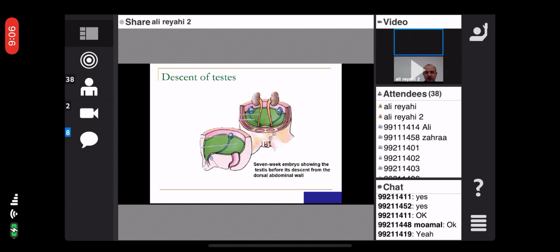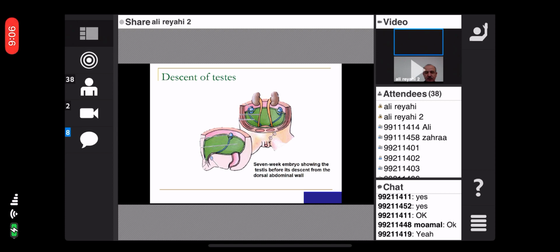In men, spermatogenesis, the formation of the sperm, occurs in the testis, and the testis lies within the scrotum, skin, outside of the body, outside of the trunk, okay?